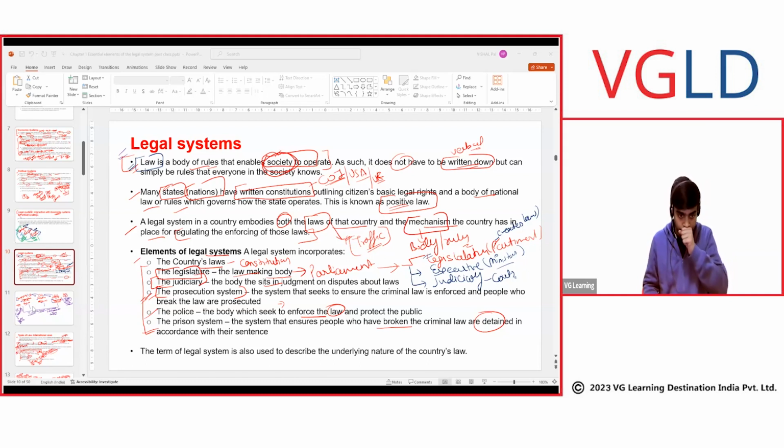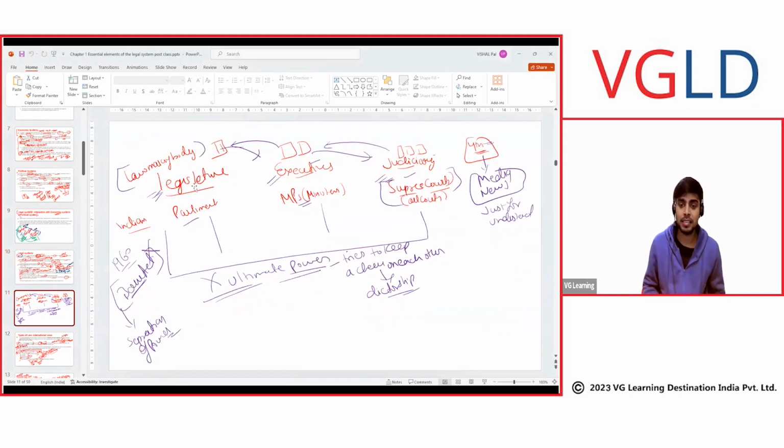We went on discussing the legislature system, executive system, and judiciary system. The legislature is a body that creates the law; in the case of India, it's Parliament. The executive can be represented by the ministers.